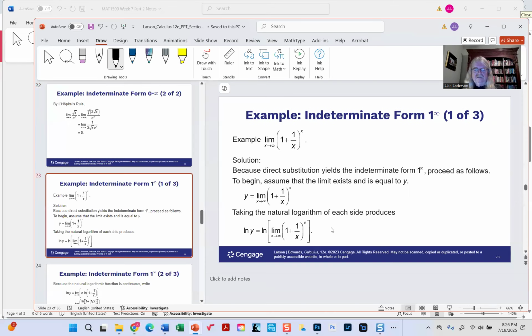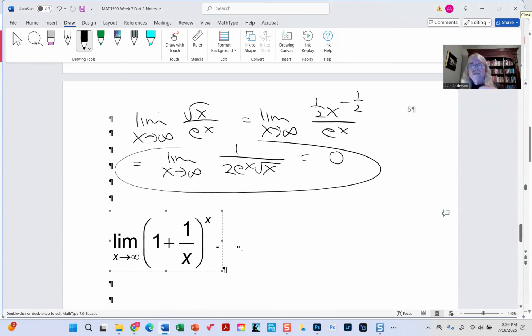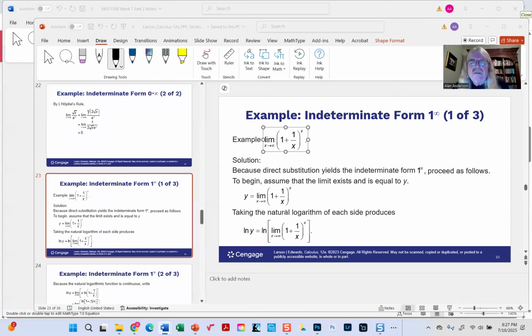Okay. Now here's an interesting one. Now, this one introduces a very important idea, and that's the idea that you can actually rearrange this, not in a direct way.